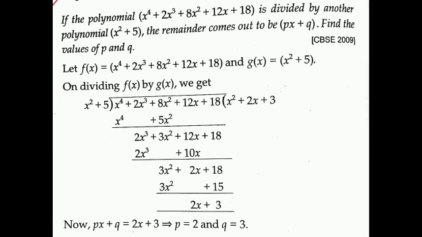It means 2x plus 3 is the remainder when the dividend is divided by x square plus 5. Comparing 2x plus 3 with px plus q, comparing px and 2x, p is equal to 2, and comparing q to 3, q is equal to 3. So we will write p is equal to 2 and q is equal to 3 in this type of question.